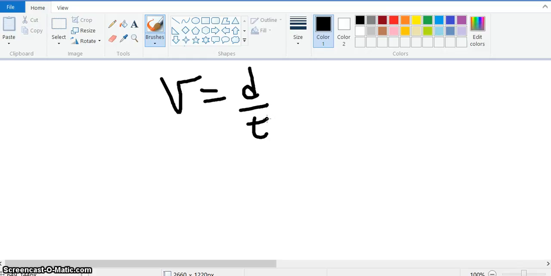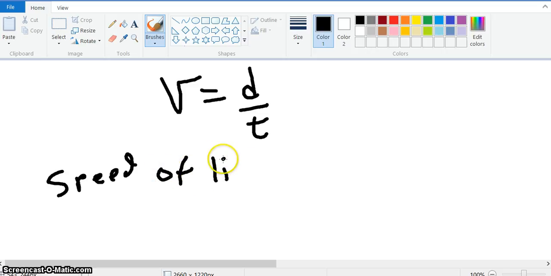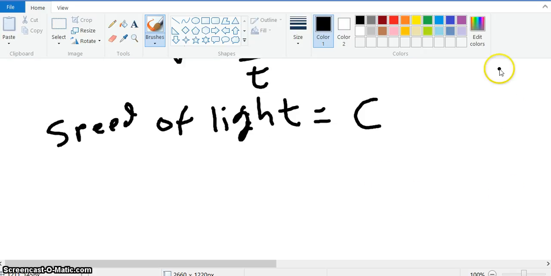The speed of light has a special symbol that we don't use as a v, we use c. So c is considered the speed of light, and the equation c is equal to d over t applies when something's traveling at the speed of light.